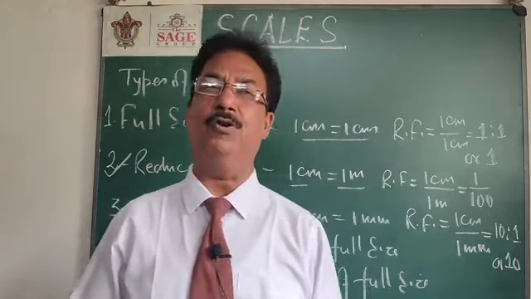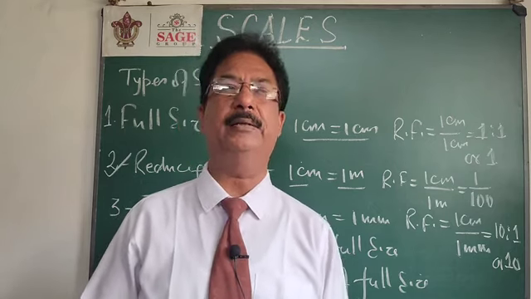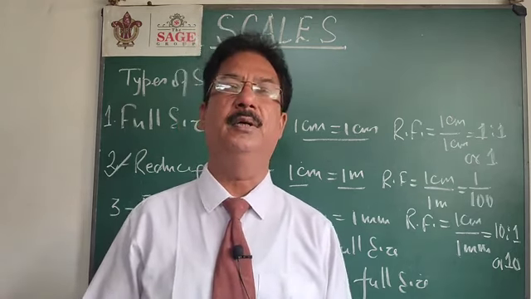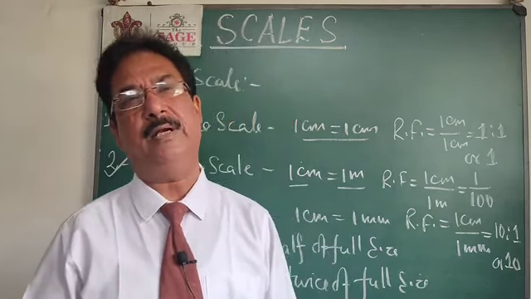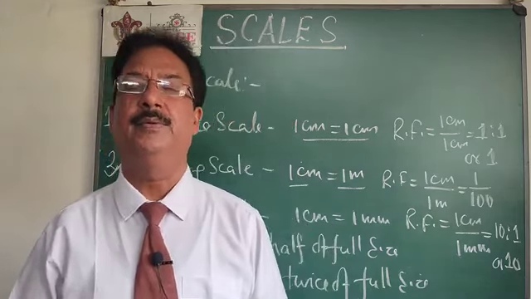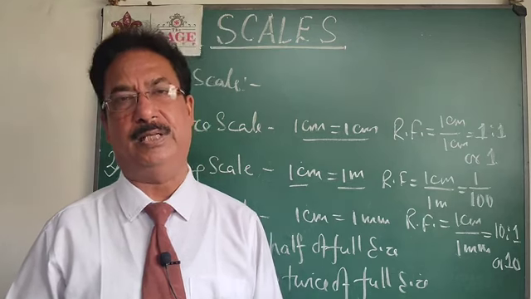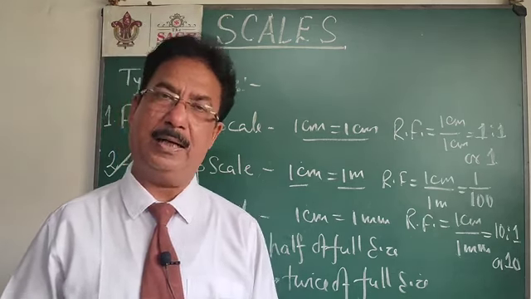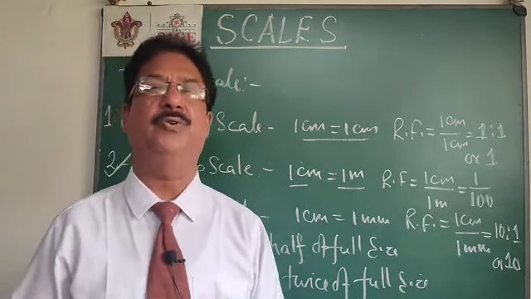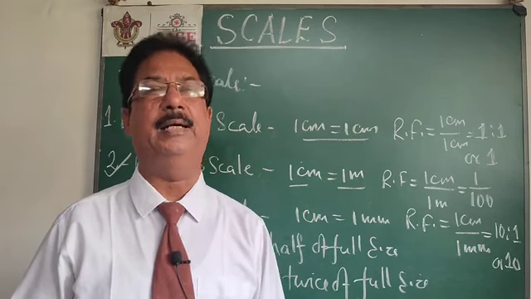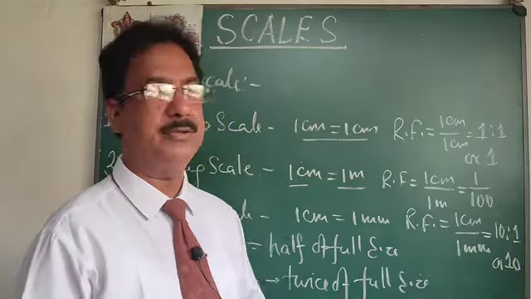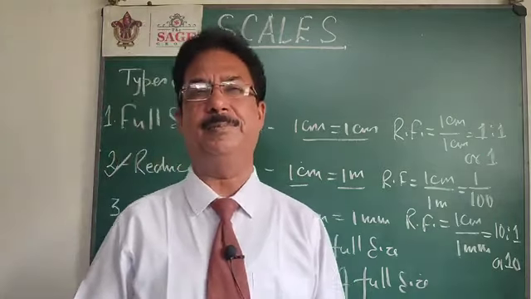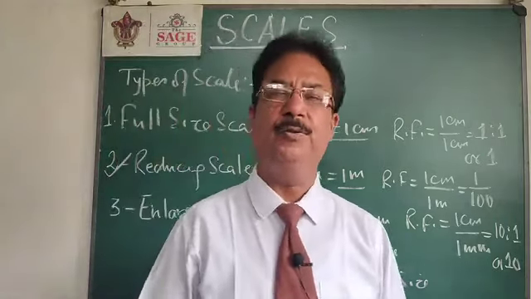In the same way, in the volume case, by taking the cube root of the given proportions, we will convert them into length, and after converting to length, we will put them in the formula and find the scale. RF doesn't have any unit. So firstly we have to find out the RF, and after that we can draw the scale. I hope you understand the concepts of scale, and this is maybe a revision for all of you. Thank you.